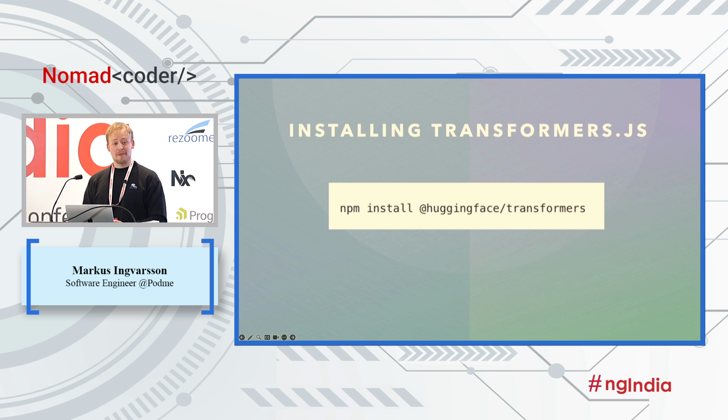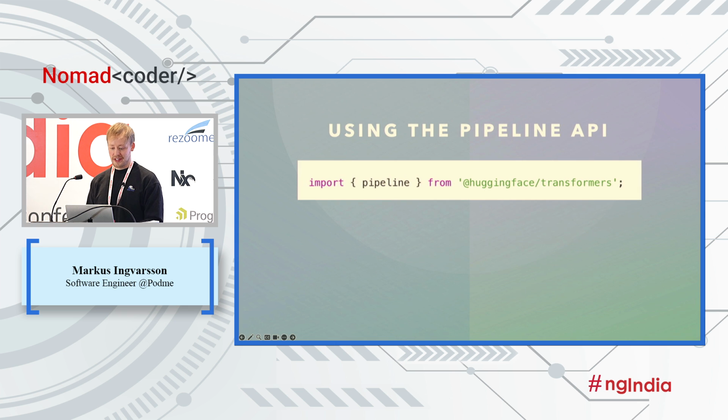Setting up Transformers.js is as easy as doing an npm install of @huggingface/transformers. And one of the best parts of Transformers.js is the pipeline function. It gives you a simple, high-level way to run machine learning models without worrying about all the moving parts under the hood. When you create the pipeline, it takes care of 3 major things for you automatically.